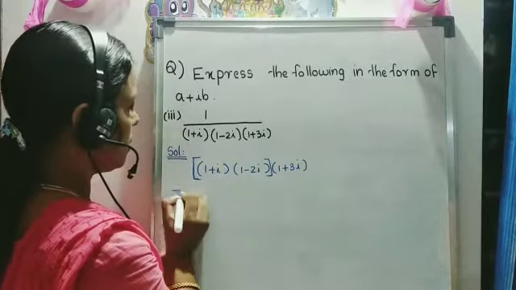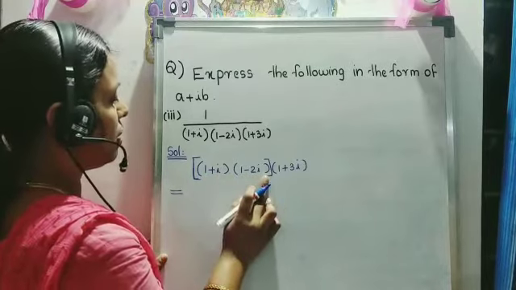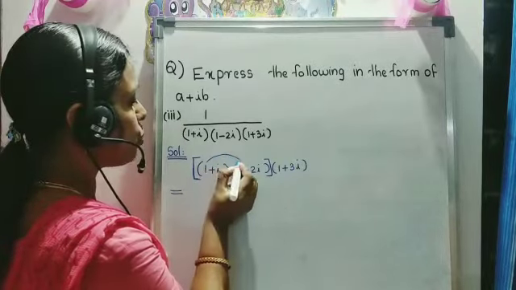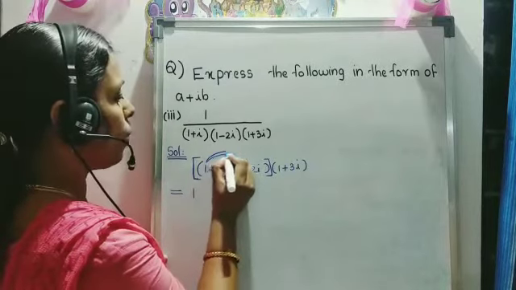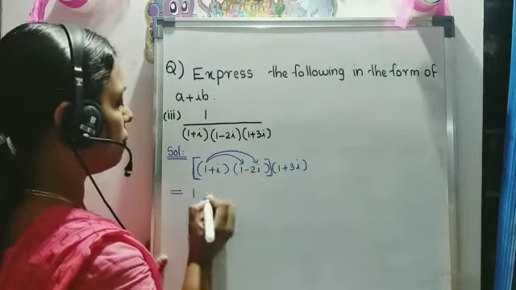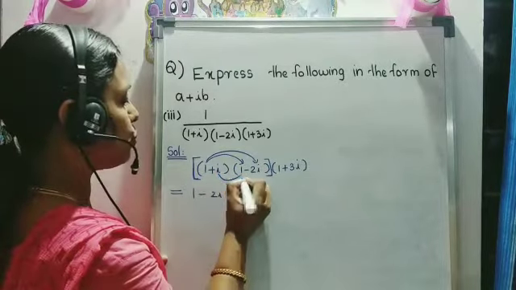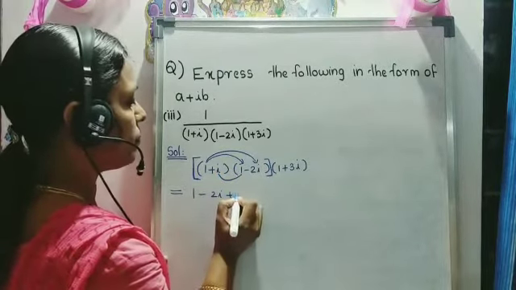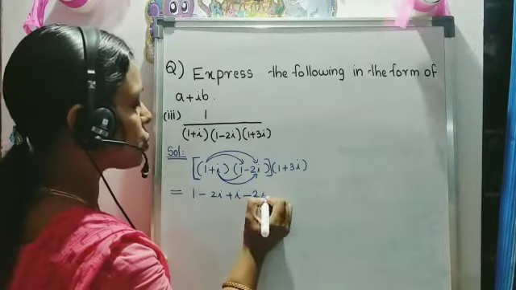We get (1 + i)(1 − 2i). First we multiply 1 into 1, we get 1. Then we multiply 1 into negative 2i, we get negative 2i. Then multiply i into 1, we get plus i. Then multiply i into negative 2i, we get negative 2i².